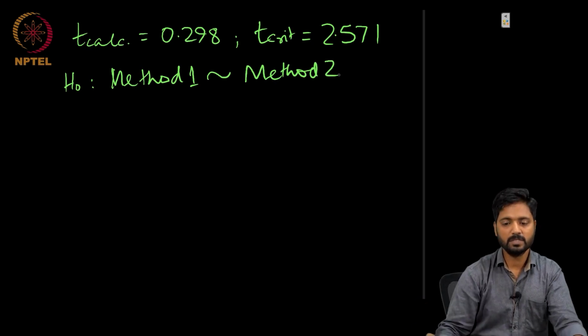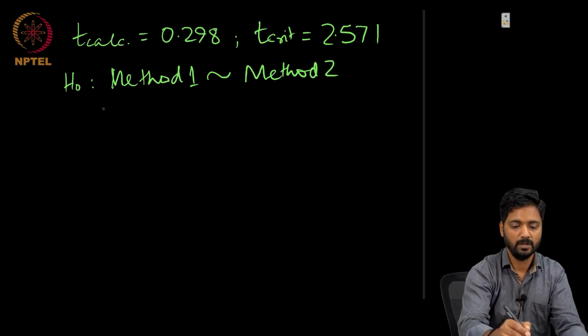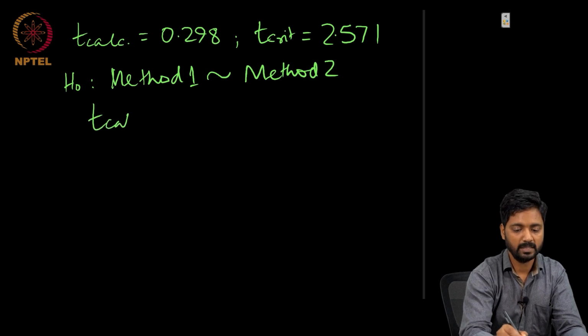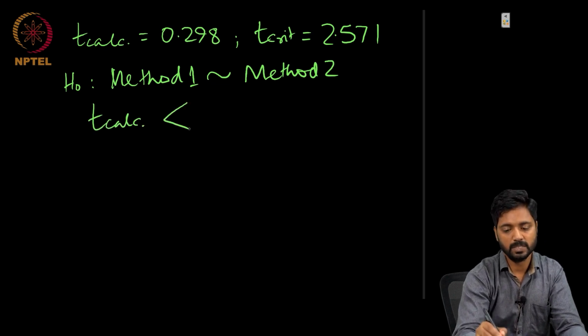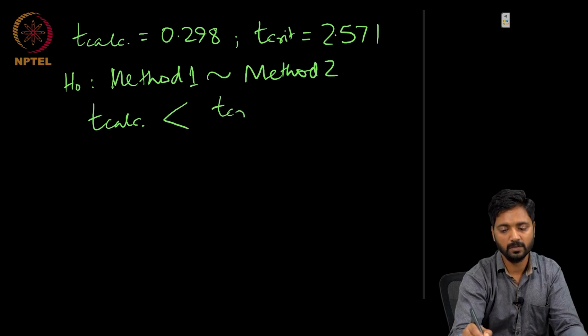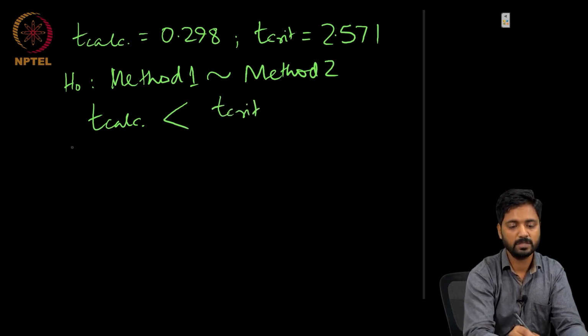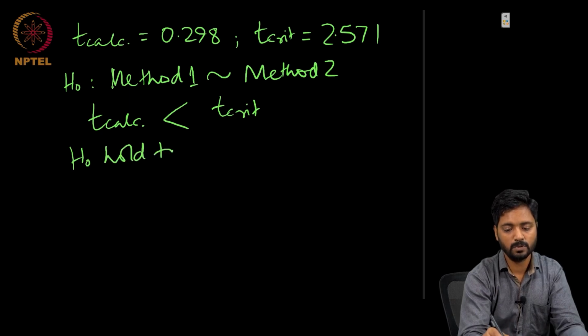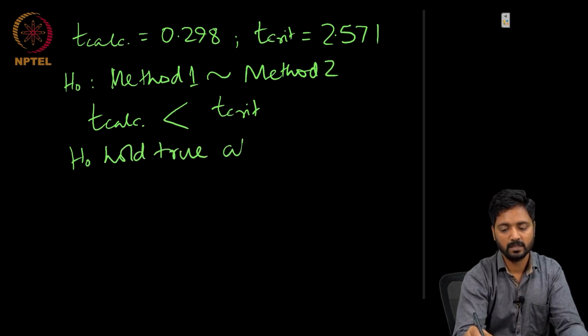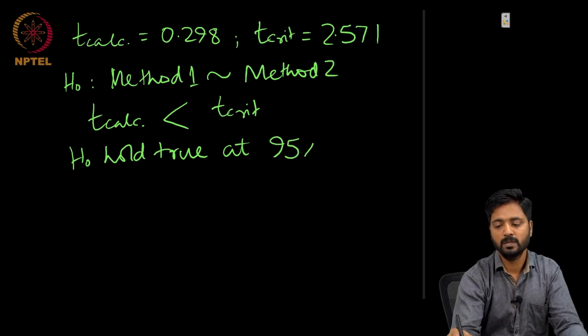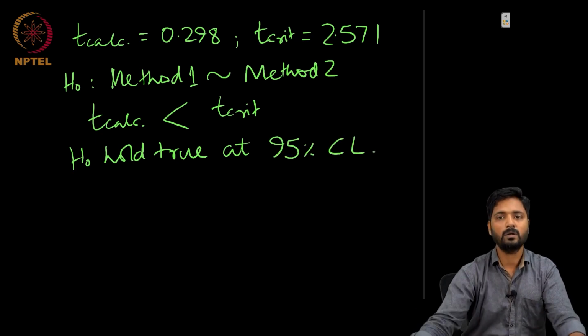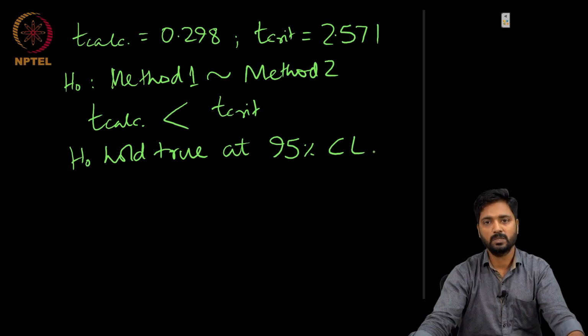And when we test the null hypothesis here, we observe that the T calculated value is actually less than the T critical value. That means the null hypothesis holds true at 95% confidence level, or method 1 and method 2 are giving us statistically similar outputs or similar results.